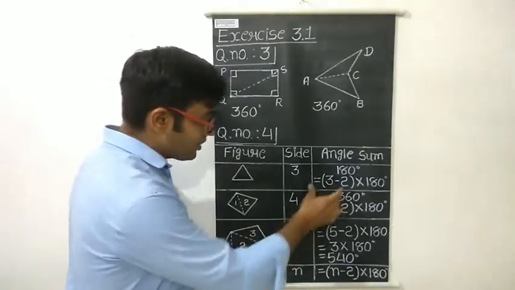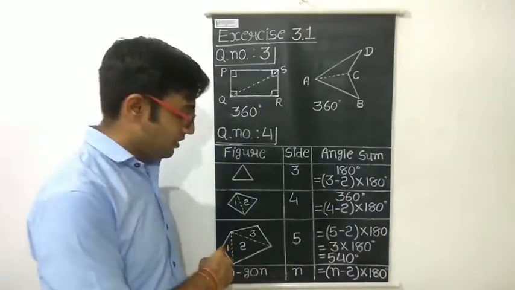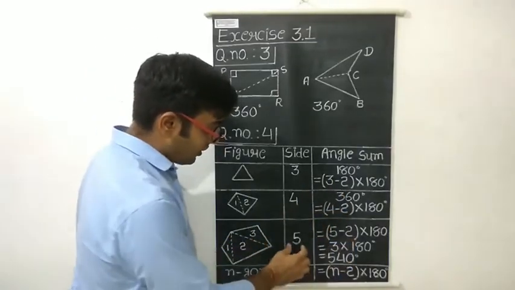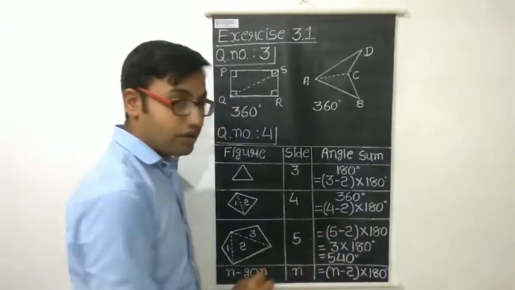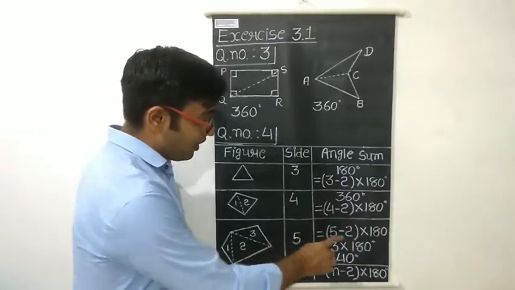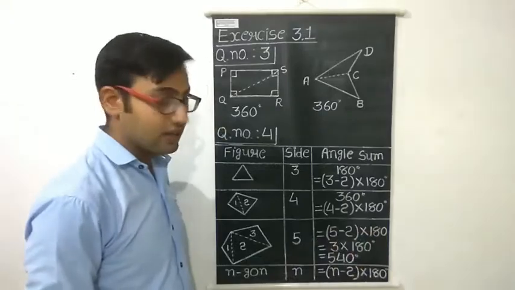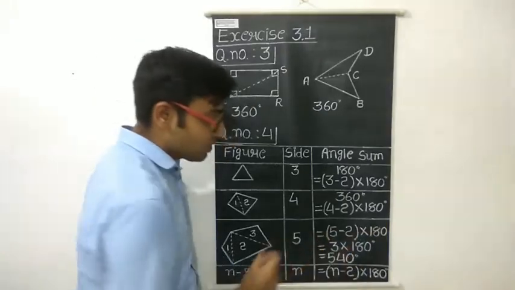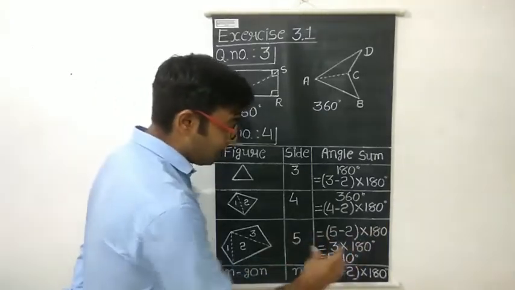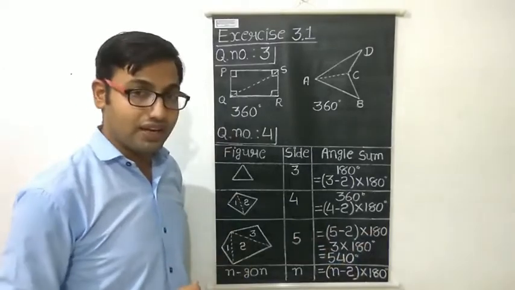But using this method, can we calculate it? Yes. See, we can take the number of sides, subtract 2 from it, and multiply by 180 degrees. Then what will happen? 5 minus 2 is equal to 3, and 3 into 180 degrees is equal to 540 degrees.